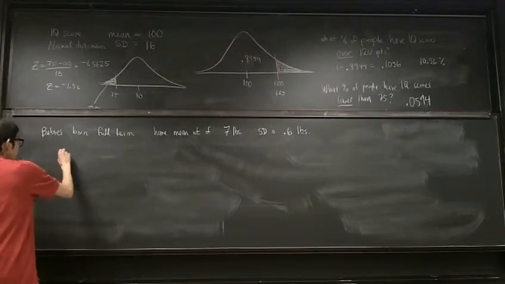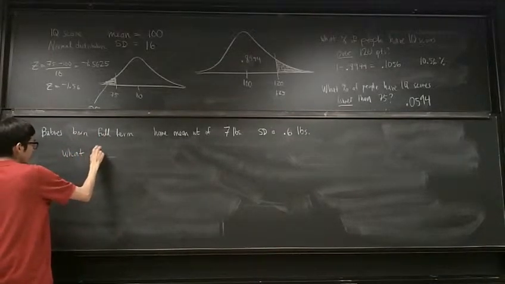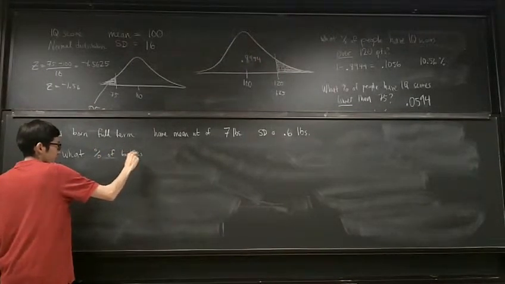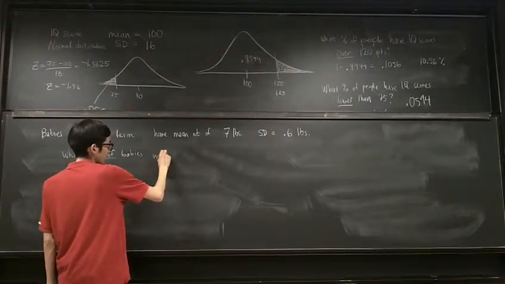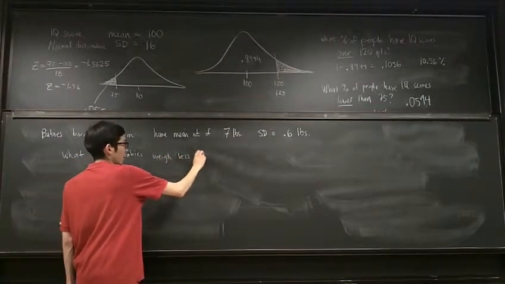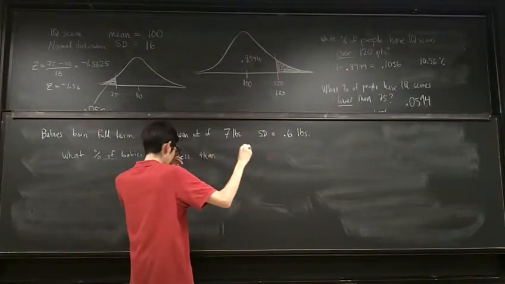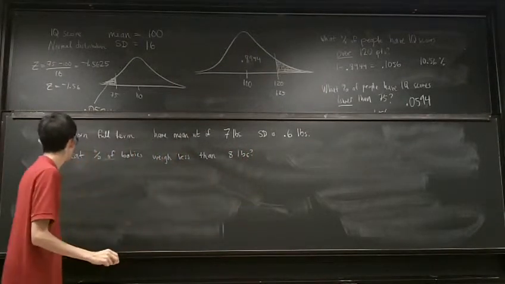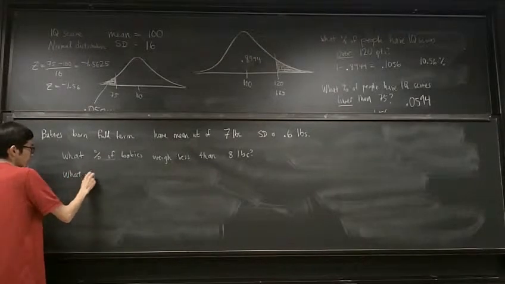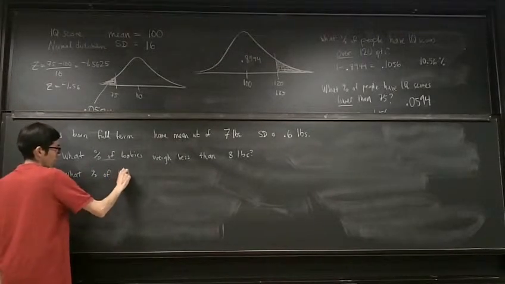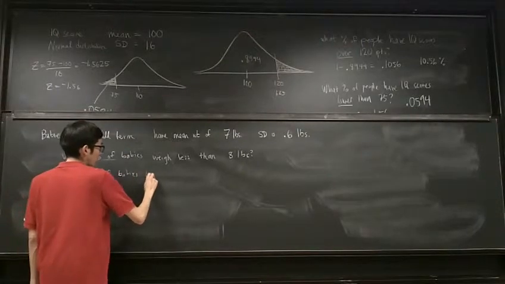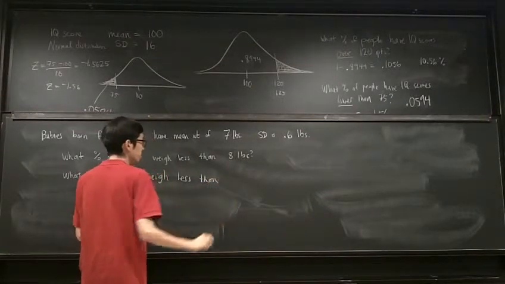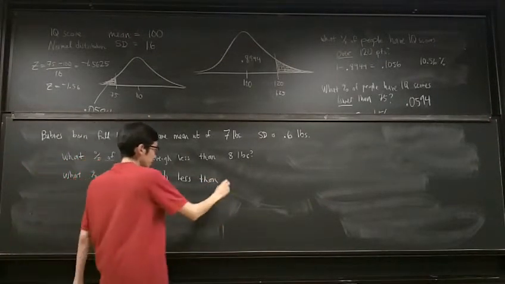So I'm going to say, what percentage of babies born full term weigh less than 8 pounds, and what percentage of babies weigh less than, we'll say, 6.5 pounds.